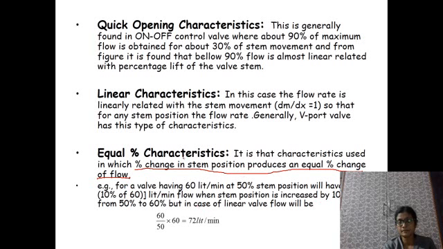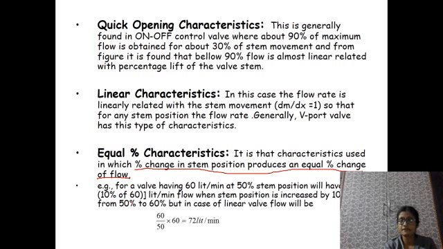But this is the equal percentage change. When the stem position changes by 10%, that means the 50% opening to 60% stem position opening, for an equal percentage characteristic valve, the flow rate is 60, that was the initial value at 50% stem position, plus due to change of 10% stem position, the change in flow rate is 10% of 60. This is for equal percentage characteristics.